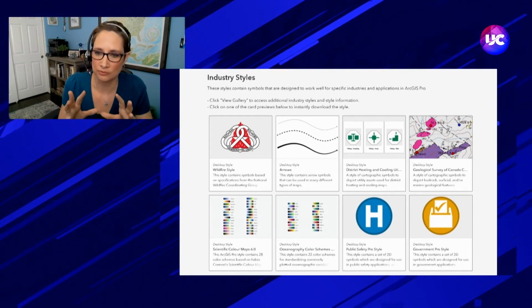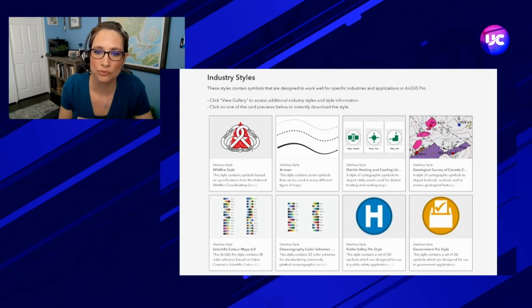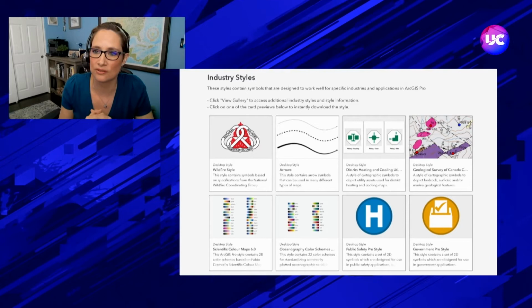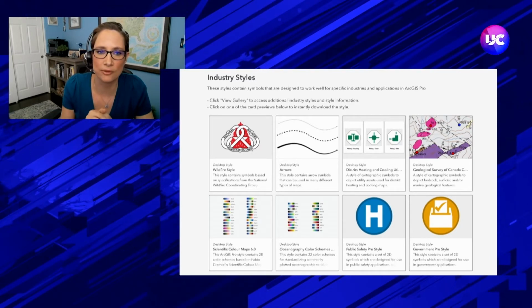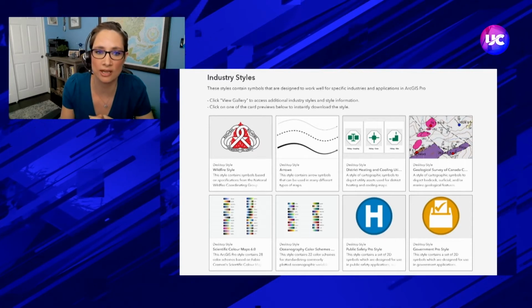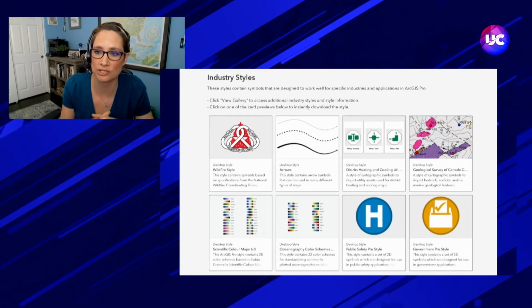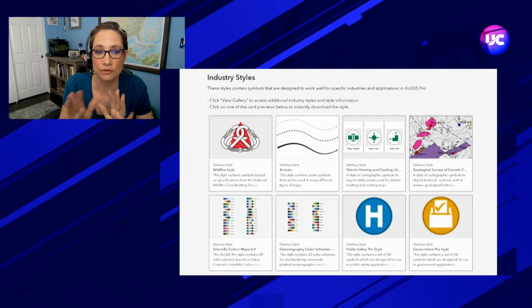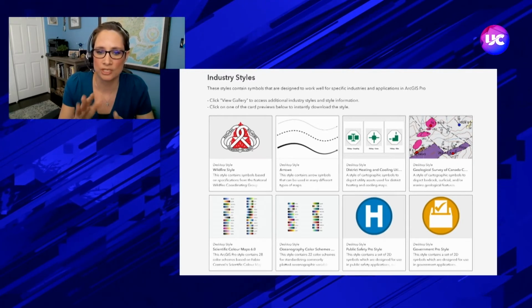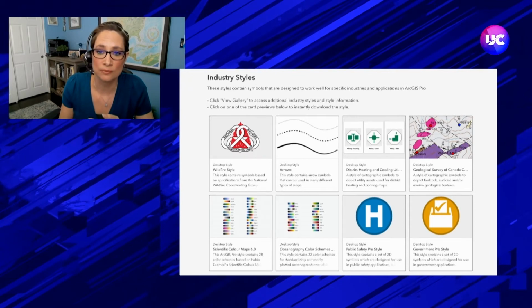Hey, Shannon, we've got the styles org up on the screen. You want to plug that for a sec? Yes. So this is Esri's styles gallery, where you can go online and download styles for ArcGIS Pro. We have creative styles, and then there are also these industry styles. I really enjoy working with these because they include things like color schemes.